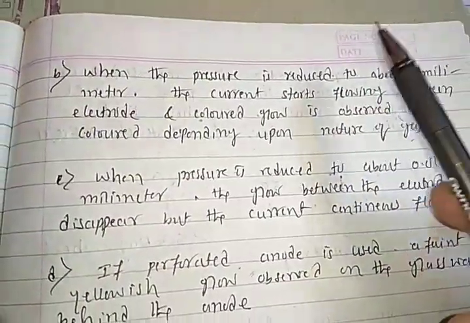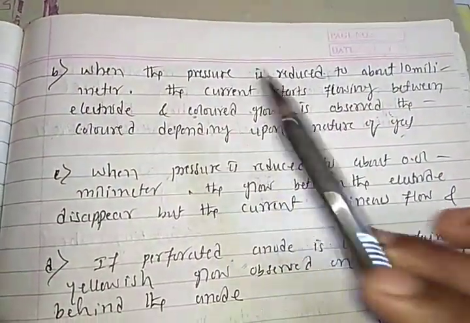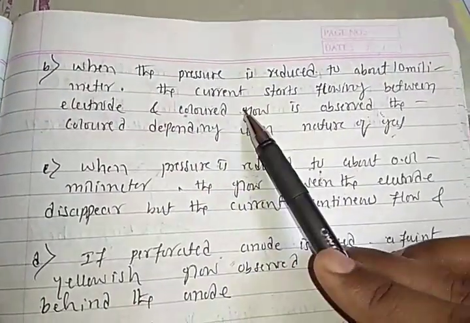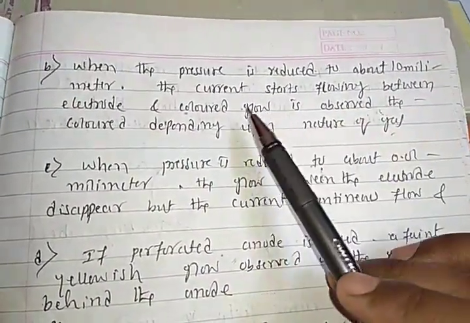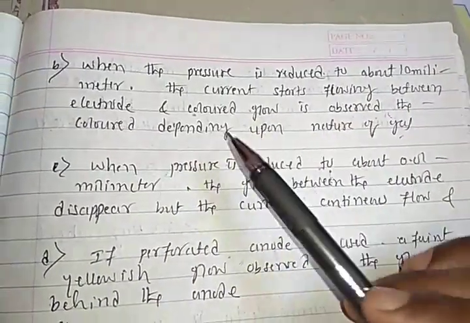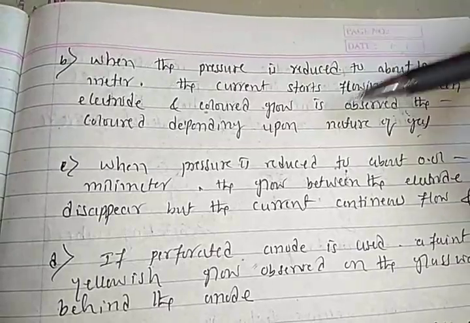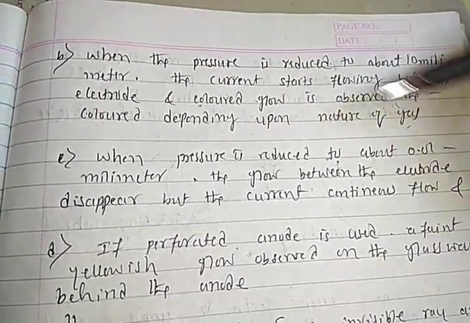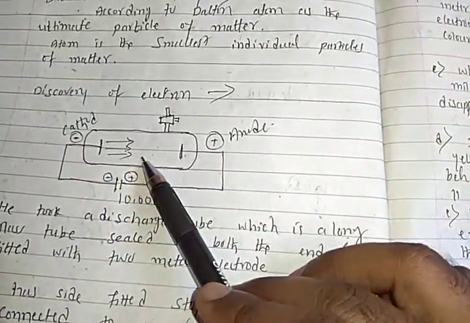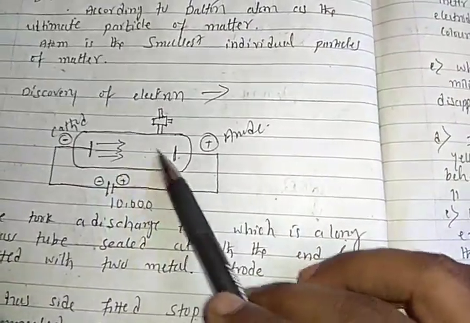When the pressure is reduced, current starts to flow from cathode to anode, and whatever gas we use, different gases give different colors in this chamber.